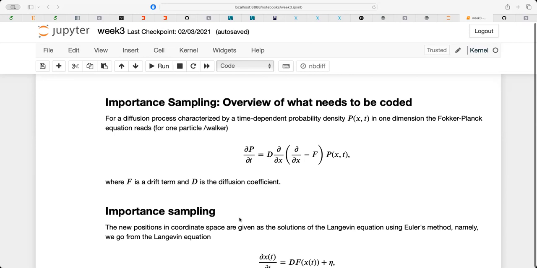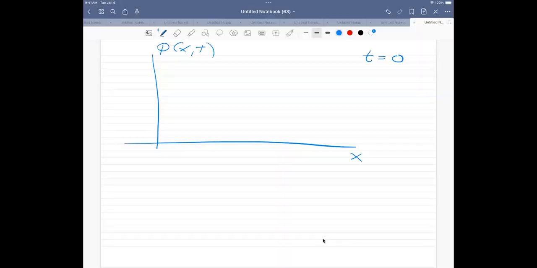Let me bring up the notebook, just to allow you to build up some intuition. You could think of your initial condition looking like this, from 0 to 1.